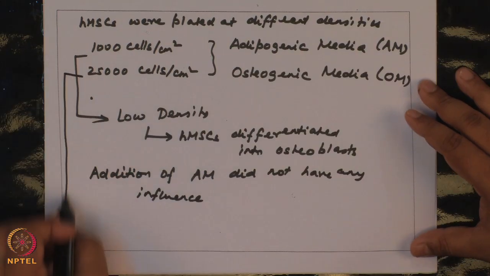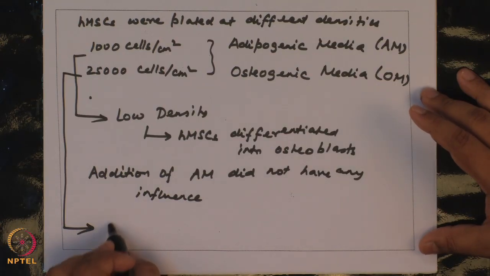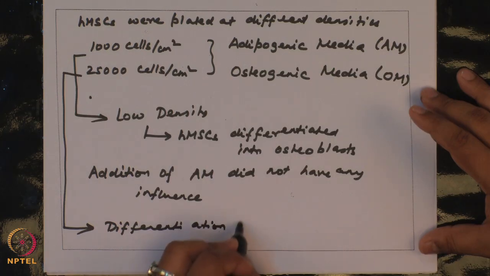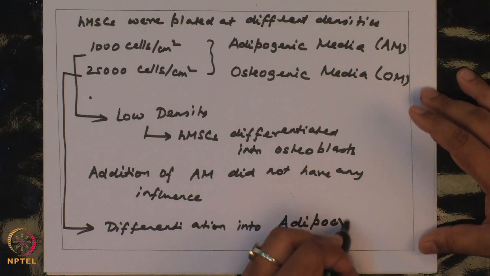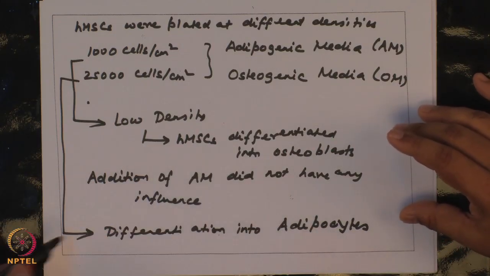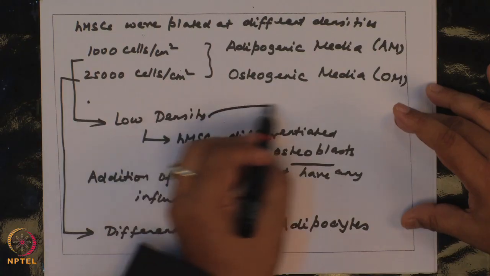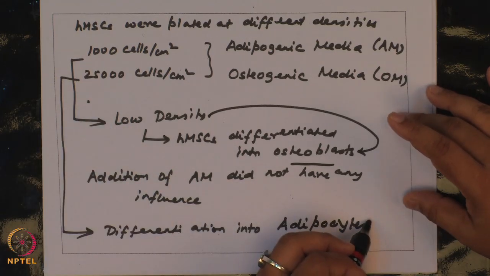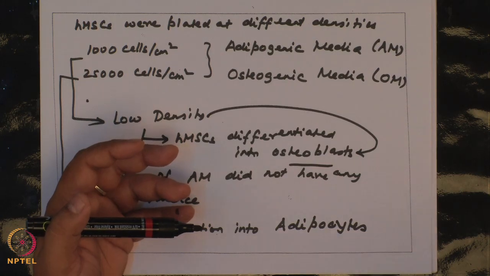In contrast, at the cell seeding density of 25,000 per centimeter square, you had differentiation into adipocytes. So, as a function of time, low density leads to osteoblasts, high density leads to adipocytes. This again demonstrates that cell plating density influences MSC fate.